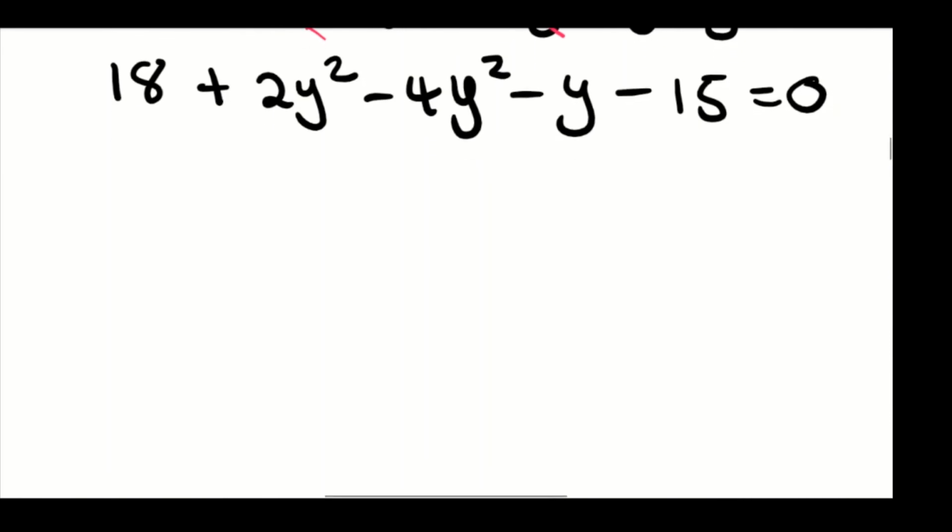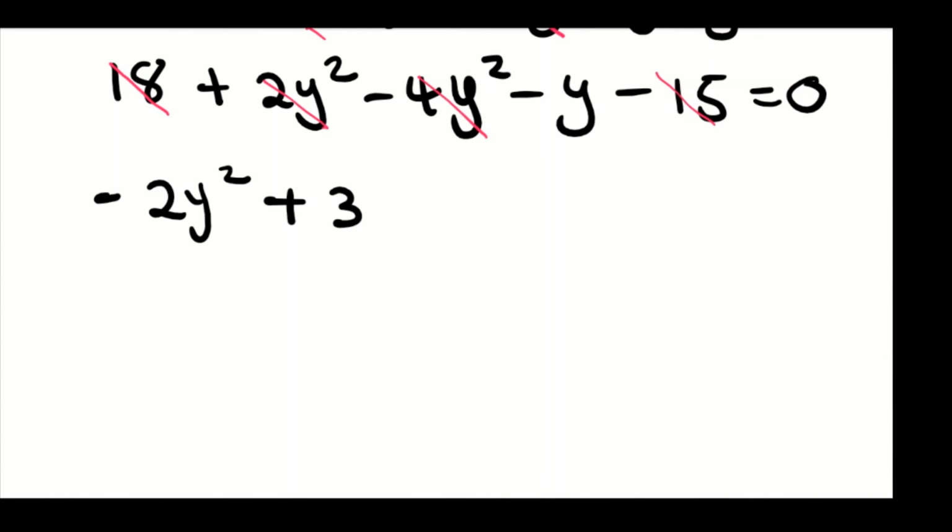And then we subtract these two here, and we remain with minus 2y squared, and then this 18 and this minus 15 will give us plus 3, right?